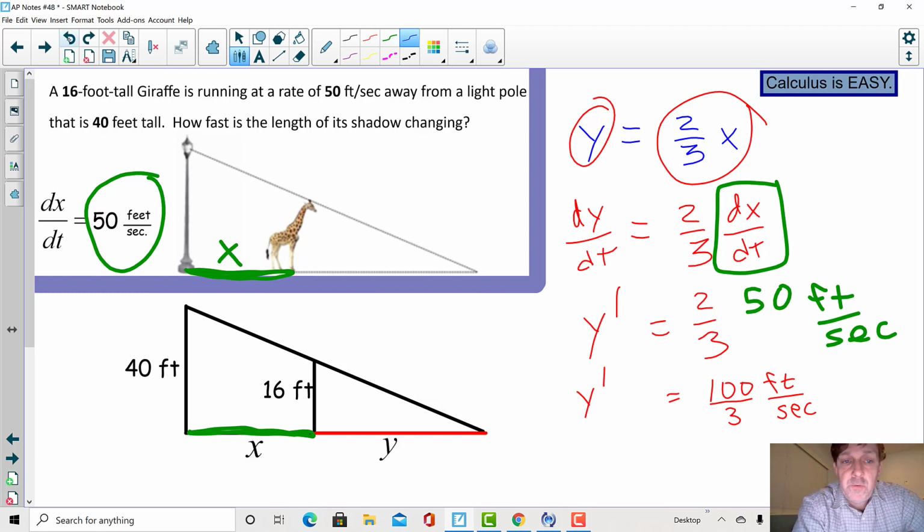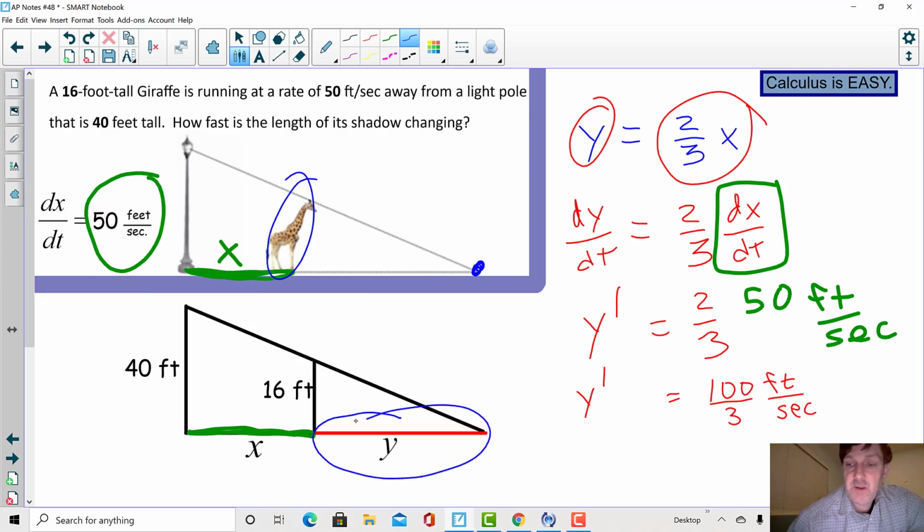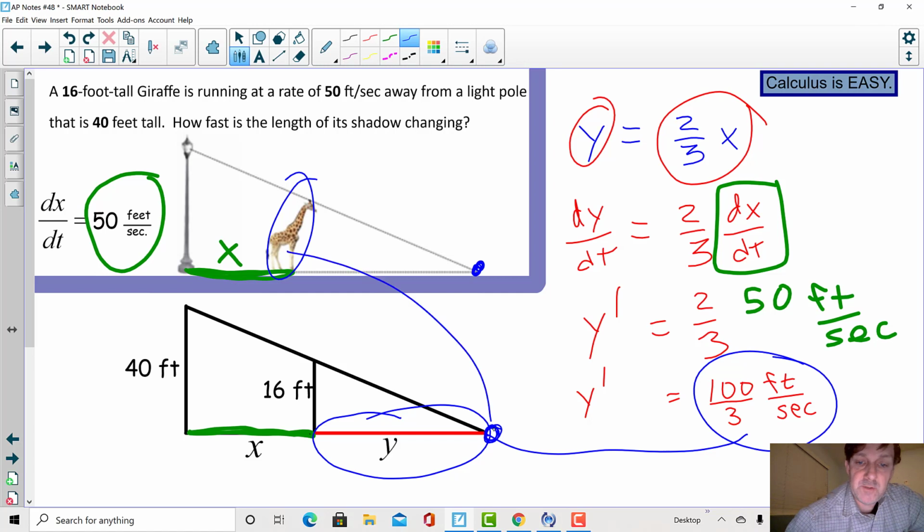Now, if you go onto YouTube, there is something called the shadow question, and it's basically what we just did, but sometimes they'll ask an additional question. They'll say, how fast is the tip of the shadow moving? Now, if you want to know how fast the tip of the shadow is moving, you have to add the speed of the giraffe. So the shadow itself is increasing at this rate, but because the giraffe is running, that means the tip of the shadow would be increasing at the rate of the shadow plus the rate of the giraffe.